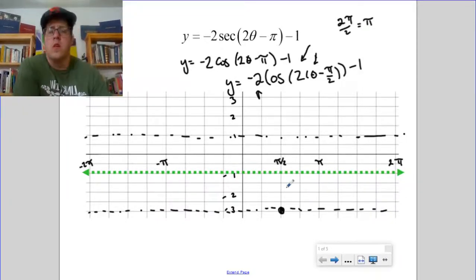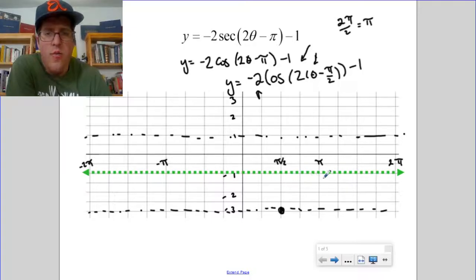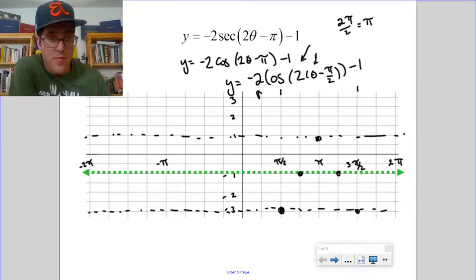So instead of going over a period of 2 pi, my period is going to be pi. So the entire curve is going to be fitting in between pi over 2 and 3 pi over 2. So it's going to go low, middle, high, middle, low. And you know what comes next. I pause the video and I draw that curve in.